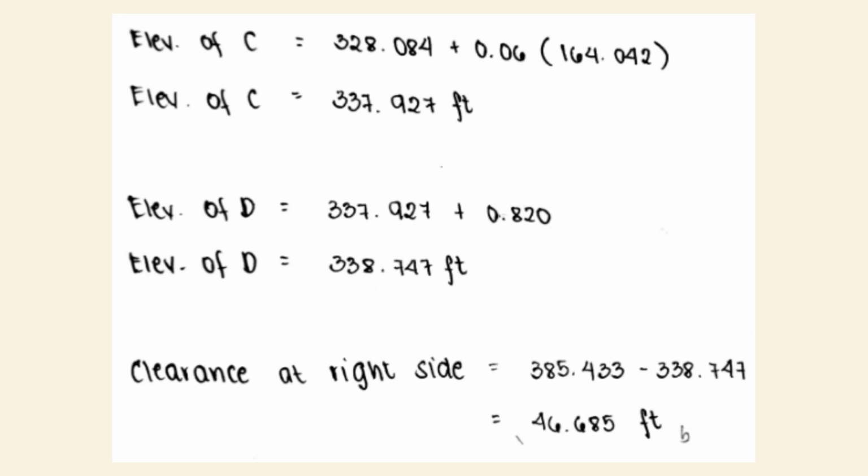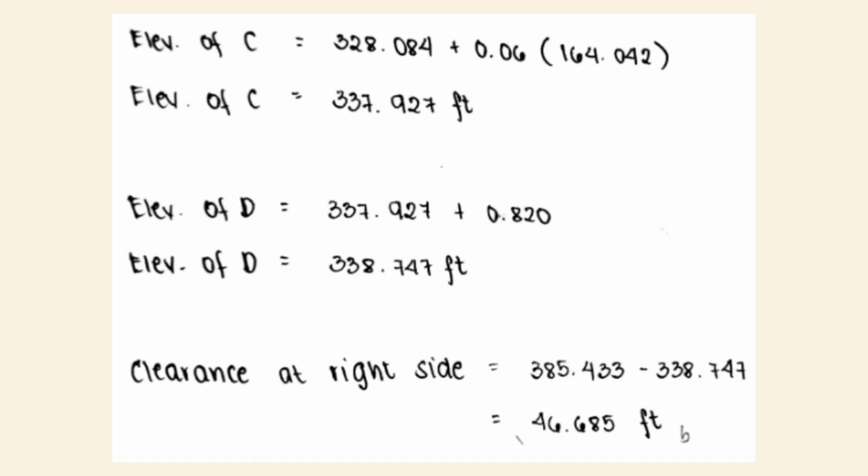So next, the elevation of D is simply the elevation of C plus the value of y sub 2. So we have 337.927 plus 0.820. Elevation of D would now be equal to 338.747 feet. Next is the clearance on the right side of the bridge.